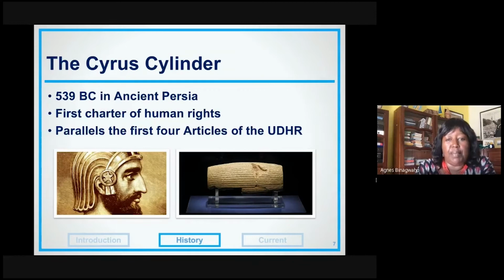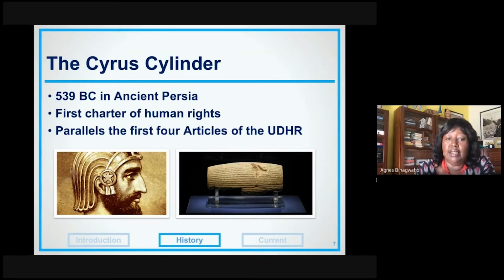We have talked about modern human rights, but the story of human rights begins in 536 before Christ, as recorded in the Cyrus Cylinder found by archaeologists in a room in Persia. Persia is the current Iran.